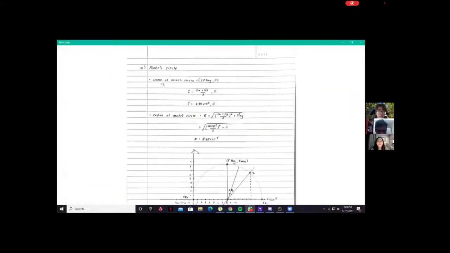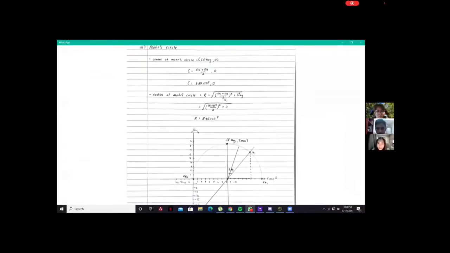First, we have to calculate the center of the Mohr circle. We use this equation, and we just substitute the stress at X and Y divided by 2, and we get 8.35 times 10 to the power of 5.